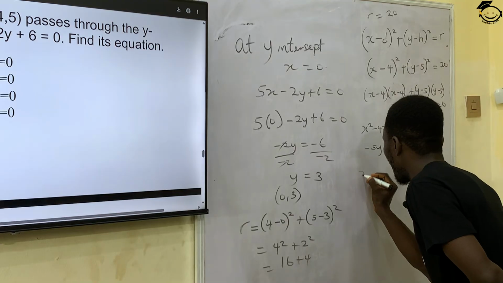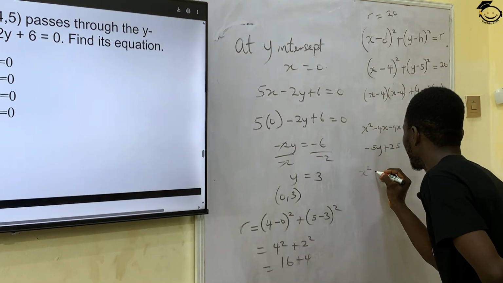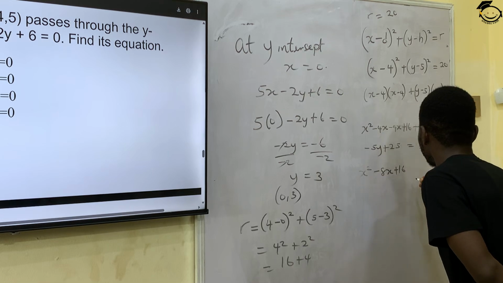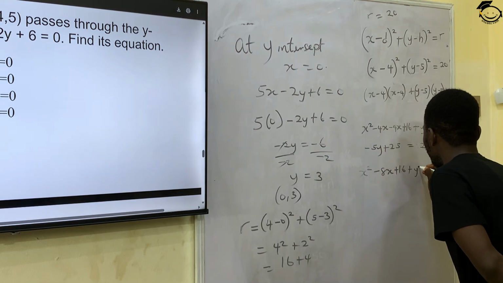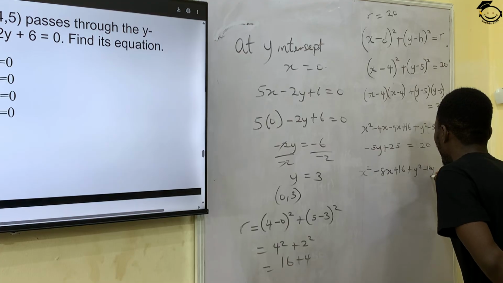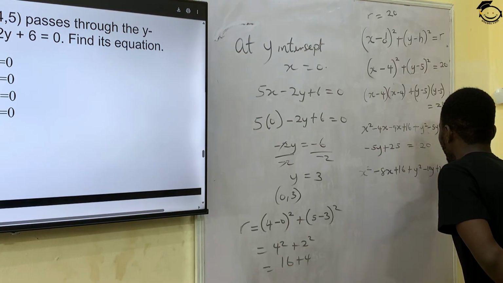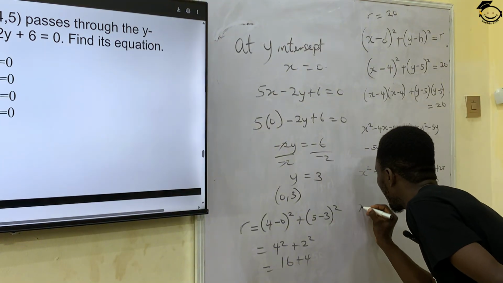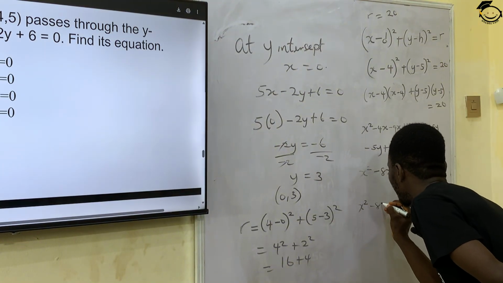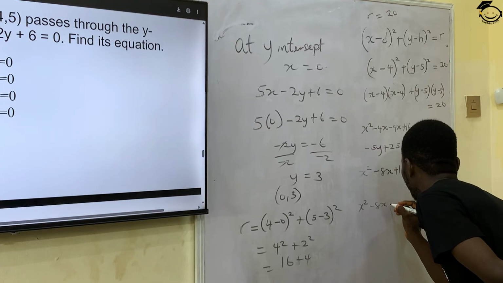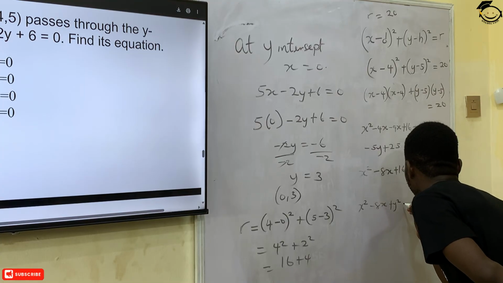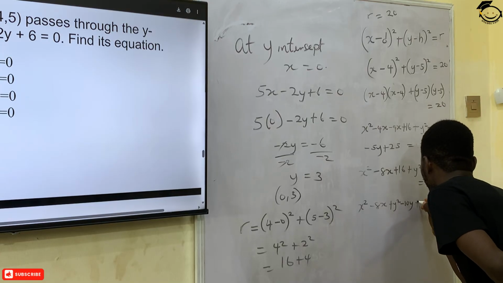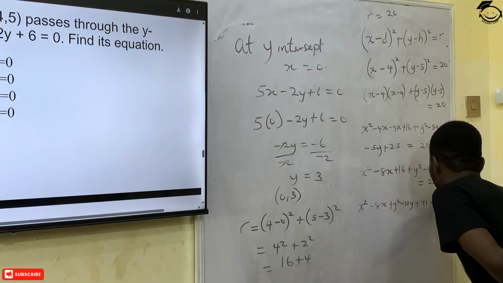So this will give me x squared minus 8x plus 16 plus y squared minus 10y plus 25 is equal to 20. And that will give me x squared minus 8x plus y squared minus 10y plus 41 is equal to 20.